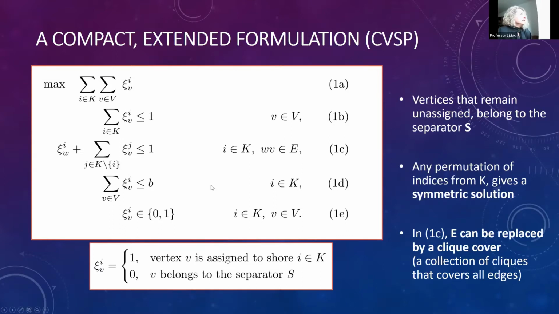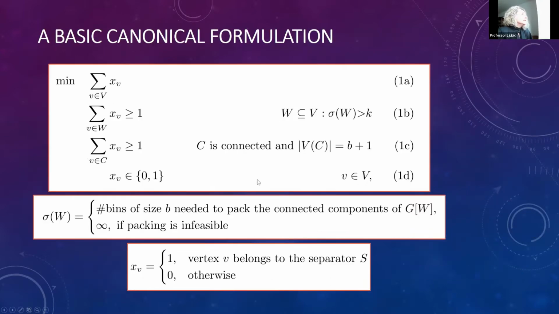So there is another alternative way, and as I said, that would be a basic canonical formulation of the problem, in which we would like to work in a sparse set of variables, which means why don't we try to develop a model in which it will be sufficient to decide only who will be the vertices that belong to the separator, and then we will work with an exponential number of constraints, which will lead to a branch and cut approach for this problem.